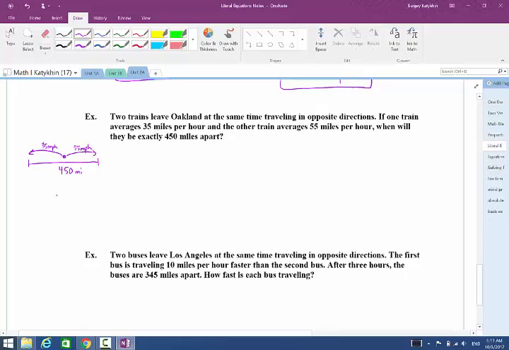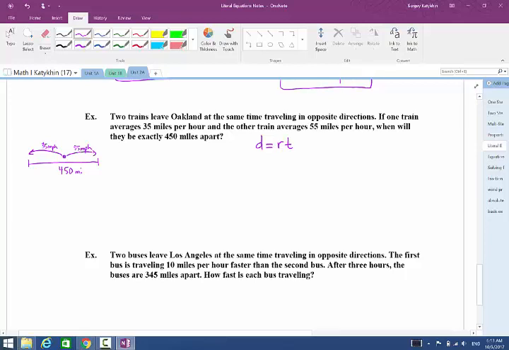Well, there's a couple of ways you can do this. First of all, we know that when we're talking about how fast something is going, time, and distance, there's an equation for that. We call it r times t is equal to the distance, or some people know it as d equals rt.